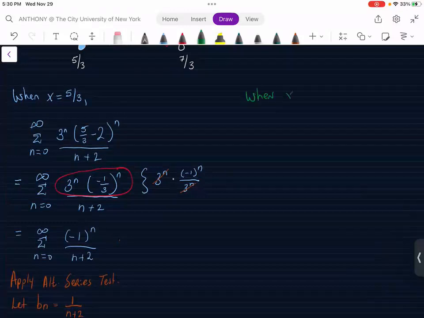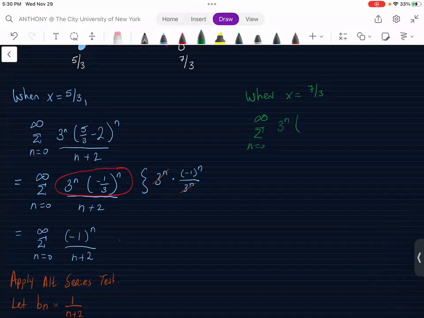When x is equal to 7/3, we're going to get the sum from n equals 0 of 3 to the n times 7/3 minus 2, to the n, divided by n plus 2. But what's 7/3 minus 2? 1/3.